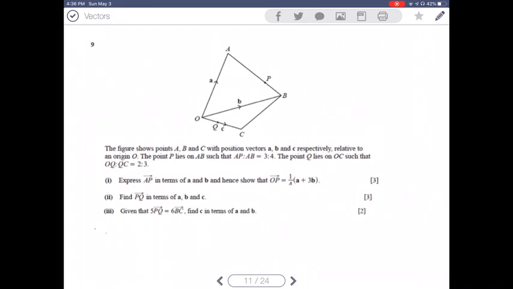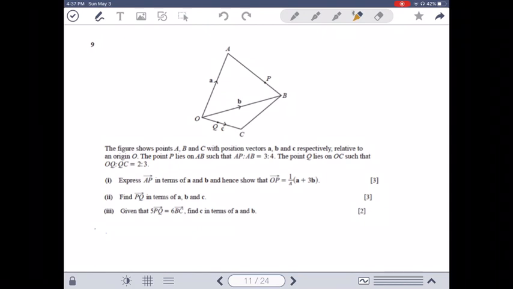Okay, now let's have a look at an example question. Suppose that the figure shows points A, B, C with position vectors a, b, and c respectively relative to the origin O. The point P lies on AB such that AP is to AB is equal to 3 over 4.